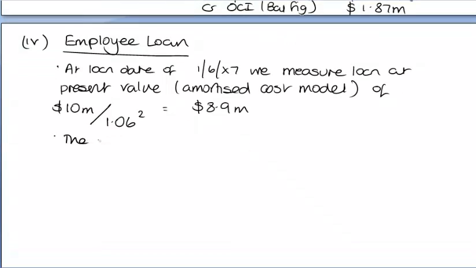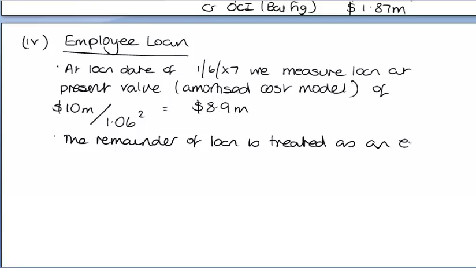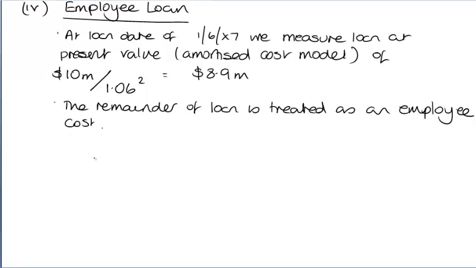The remainder of the loan is treated as an employee cost. Because what are we doing? We're giving them a benefit, aren't we? But we're lending them money at a cheaper rate than they would normally expect to pay. So this is an employee cost to us.